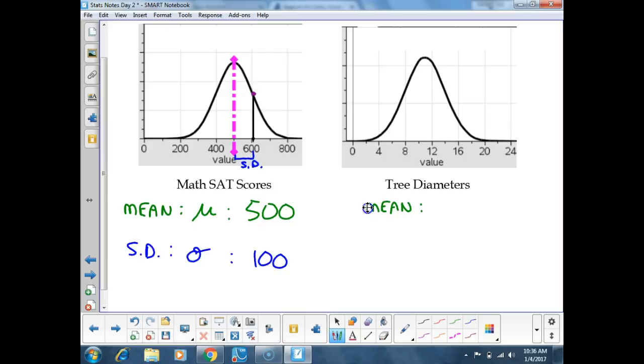Okay, I would go with 11 more than I would go with 10, because we go from the peak and down, it looks to be more 11-ish than 10-ish. Okay? Standard deviation. What did we come up with for a standard deviation?